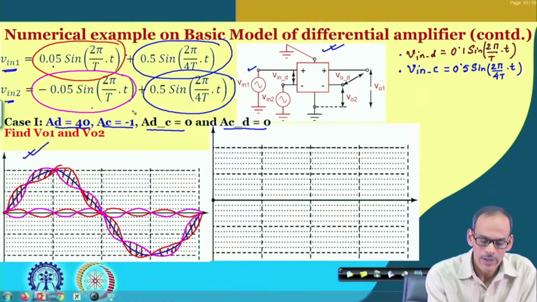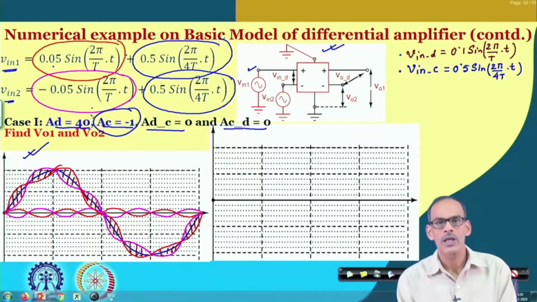However, we would like to see what may be the consequence if the common mode gain has some significant value.